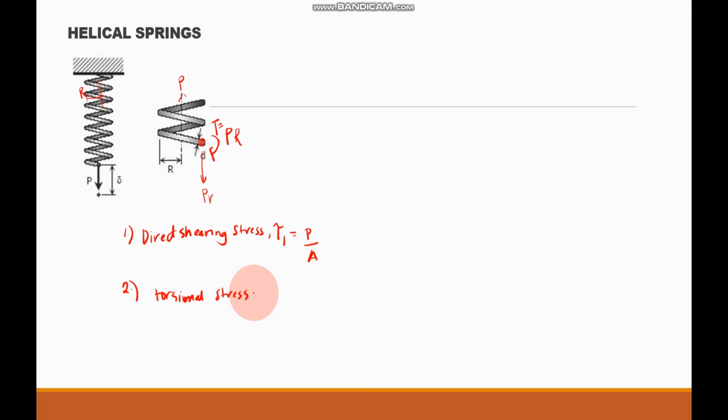That is, let's say, equal to shear 2, and the variable torsional stress is caused by a twisting couple that is represented by our torque multiplied by the radius all over J, or the polar moment of inertia, and our torque is equal to the load multiplied by the mean radius of the helical spring.